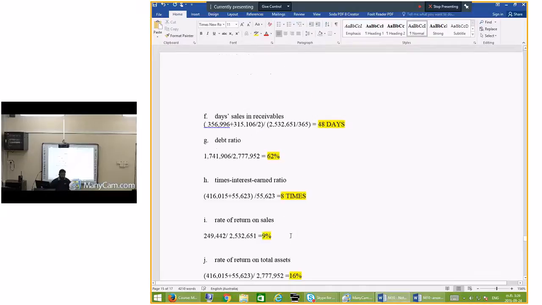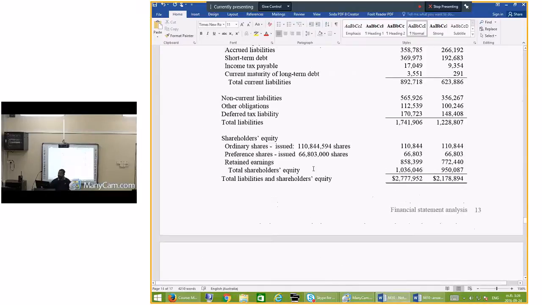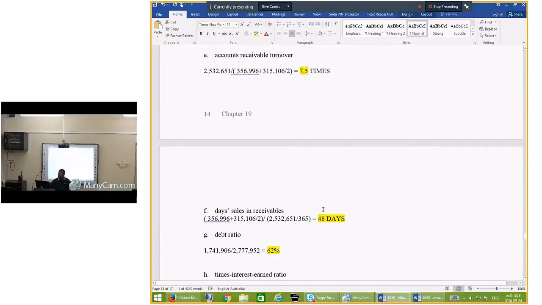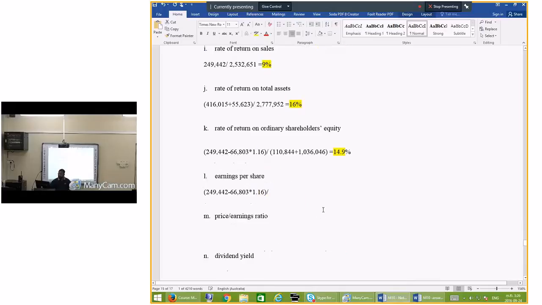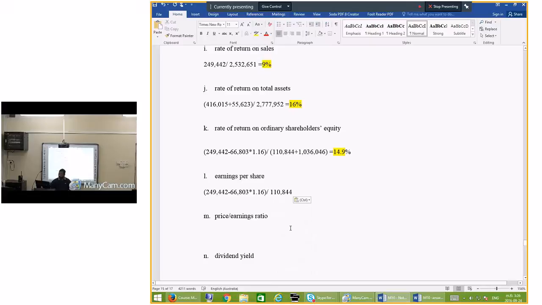Ordinary shares issued, $1 share. Approximately 150.